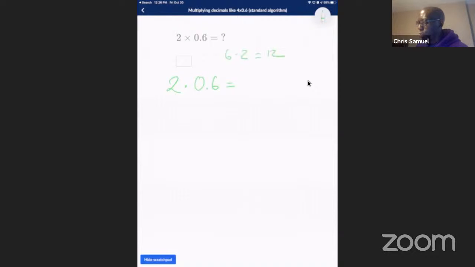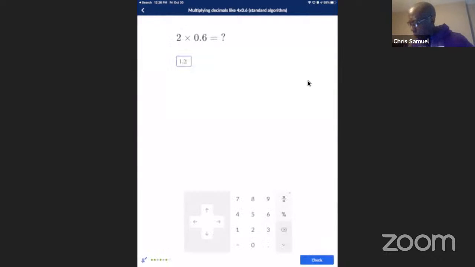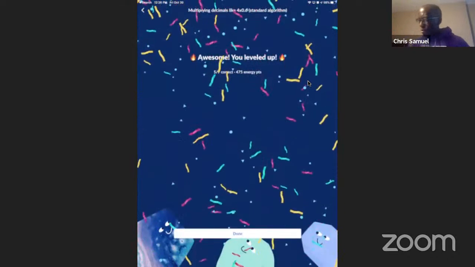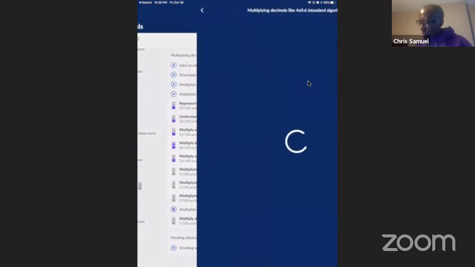So 2 times 6 would be 12 as well, but we would move it 1 decimal point because we have 1 decimal point here. This is multiplication. Sorry if that confuses anybody. So we put this over here, and move on to the next one.